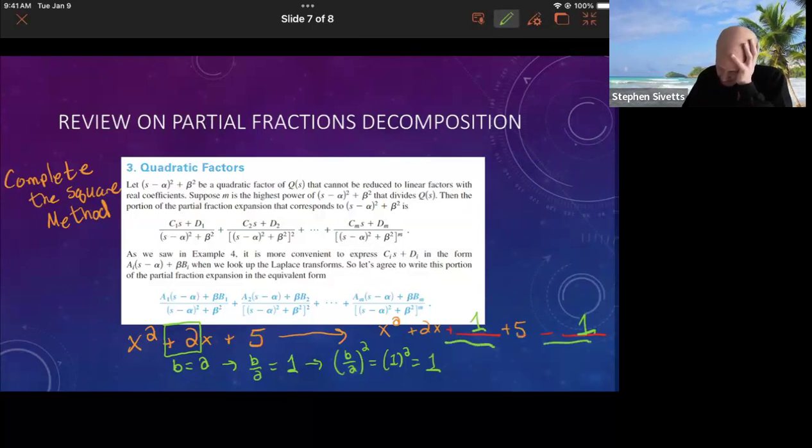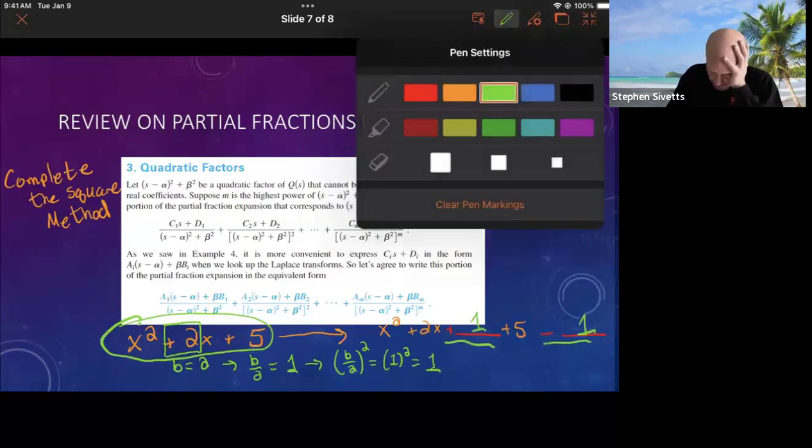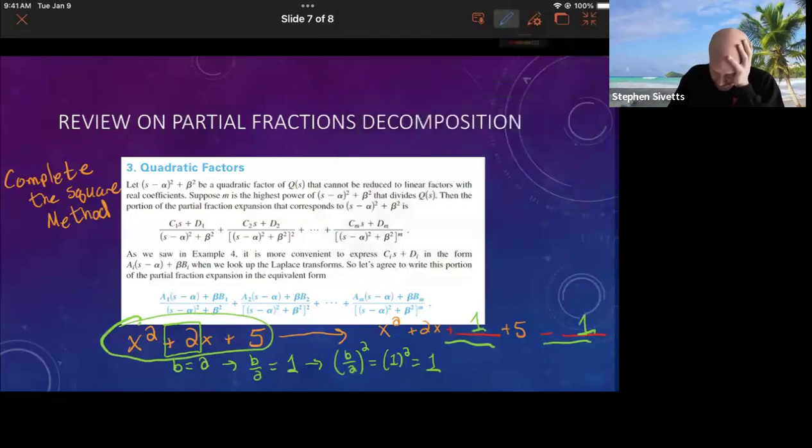So another way to re-express this quadratic, x squared plus 2x plus 5, is expressing the first 3 terms as a perfect square. So as you notice, x squared plus 2x plus 1 is a factorable quadratic, right?